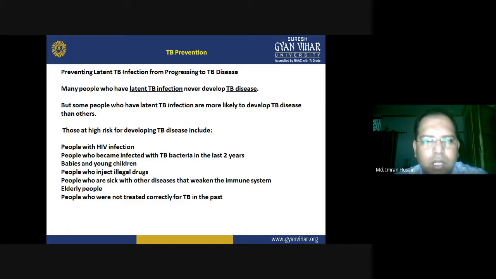Those at higher risk include people with HIV infection, people who became infected with TB bacteria in at least the last 2 years, babies and young children, people who inject illegal drugs, people who are sick with other diseases that weaken the immune system, elderly people, and people who were not treated correctly for TB in the past.